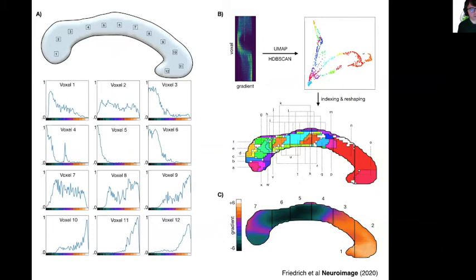You can put this into a matrix and apply an algorithm which is a little bit like k-means clustering, but a bit more advanced, which is DBSCAN. And then you can divide your corpus callosum according to the different profiles of relationship with the principal gradient.